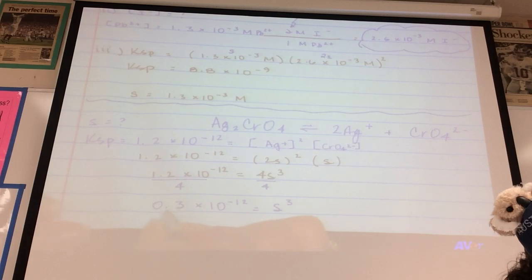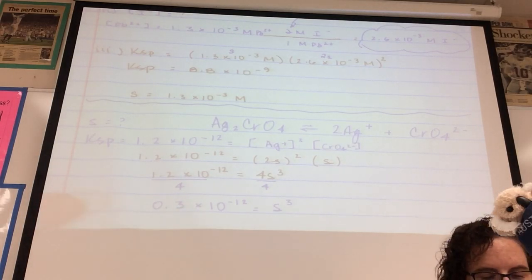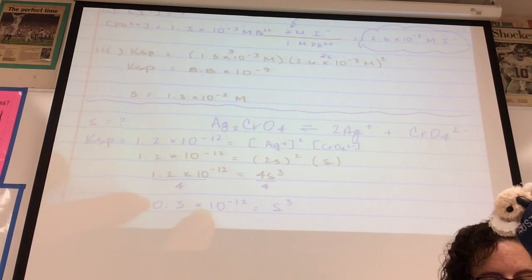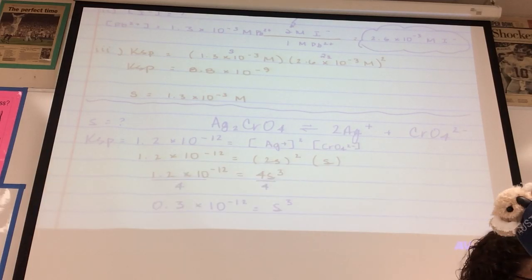And then if you take all of this to the 1/3 power, actually, if you had 27 times 10 to the negative 12, you could do it. This you probably would fall a little flat on. But you have 0.3 EE negative 12, arrow up, 1 divided by 3.